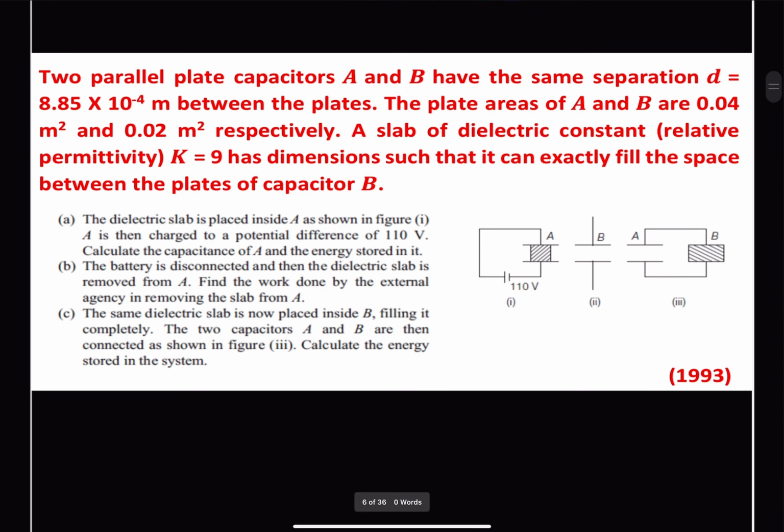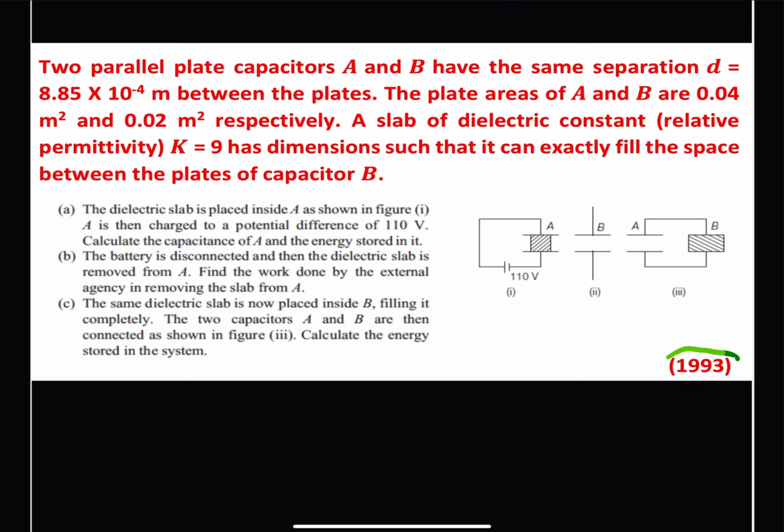Next question, and it states that it was asked in the year 1993: two parallel plate capacitors A and B have the same separation d, that is 8.85 into 10 to the power minus 4 meter between the plates.